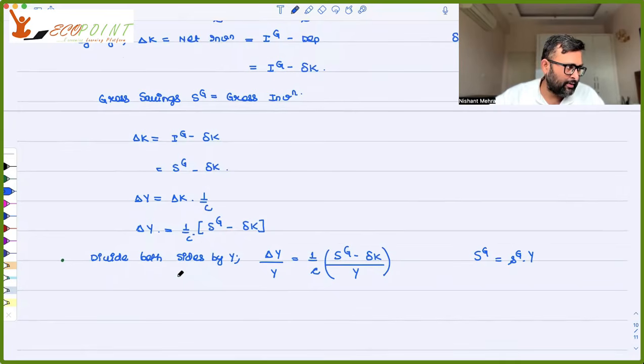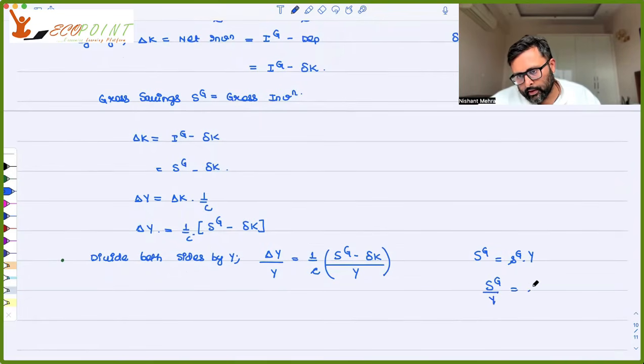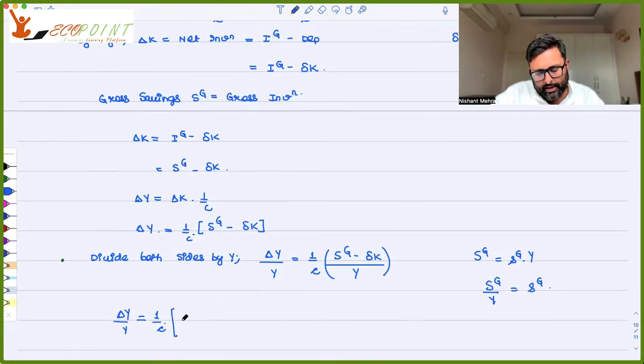So what is capital SG upon Y? Small sg. So I can write this way: delta Y by Y is equal to 1 upon C, this capital SG upon Y is small sg, minus delta K by Y.